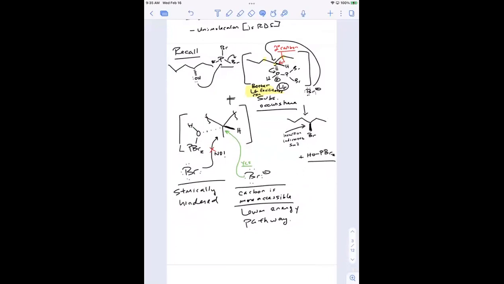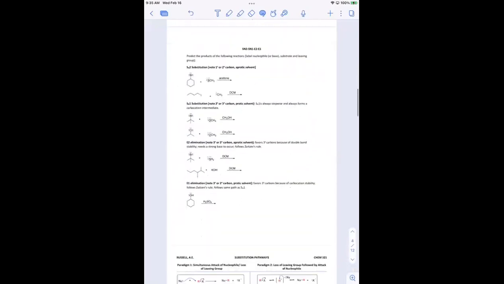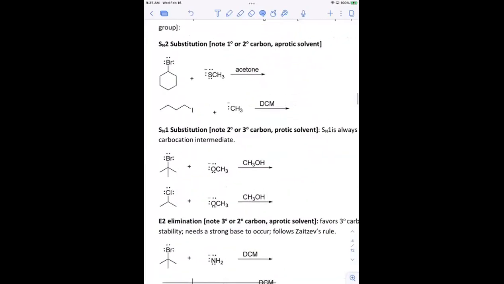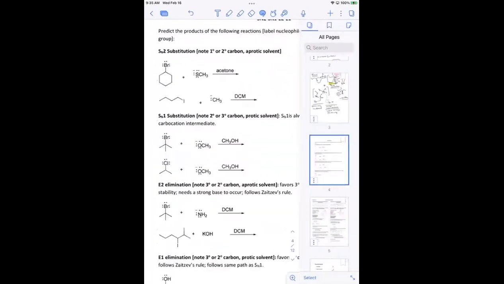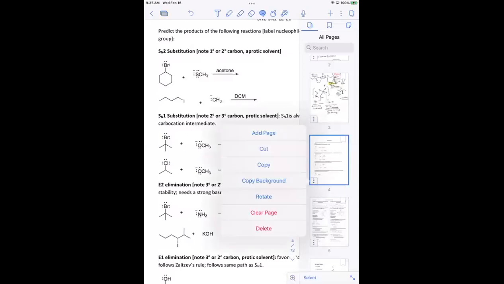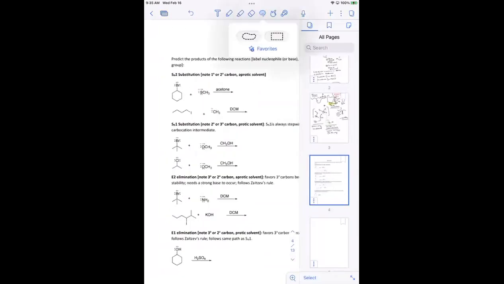All right, let's go to here. I want to take this first reaction. I'm going to cut it out and put a page here. Cut that first reaction out, and then we're going to discuss it in detail.